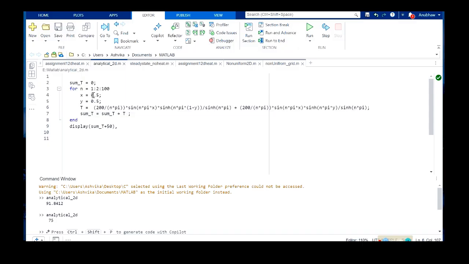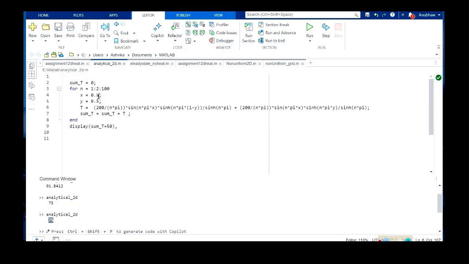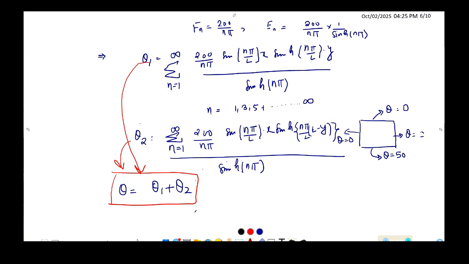Now we are determining it at the center of the plate, x equals 0.5 and y equals 0.5, and we are getting the value as 75. Again, if I change the value, suppose I want to determine at x equals 0.1, then the value comes as 58, as the left side of the plate was at 50 degrees.